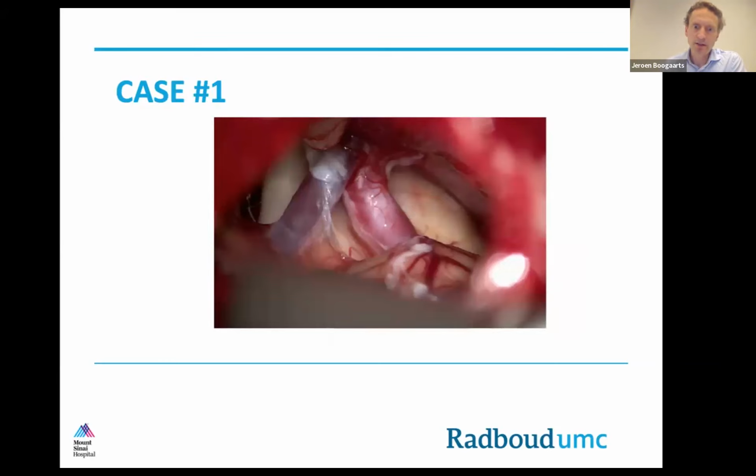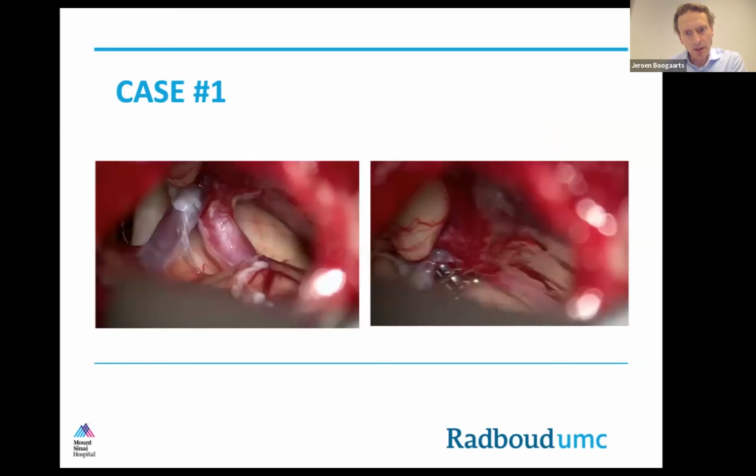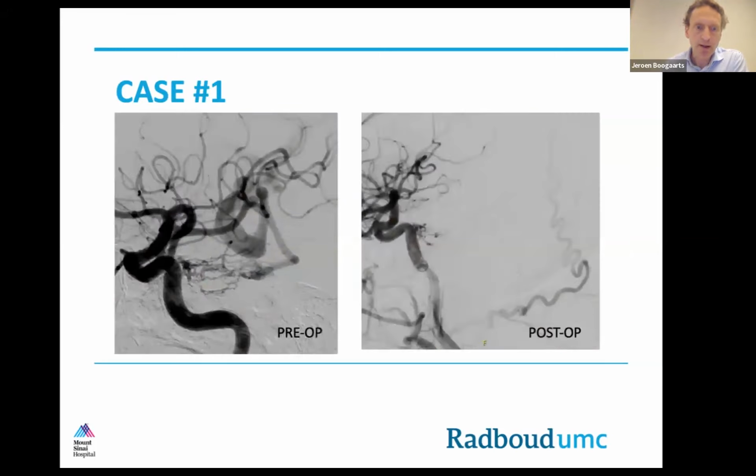You see the Dandy's vein, you see the tentorium in the right upper corner, and in the center you see the extended vein. It was easy to clip this off, and you also see the fine network more on the dura, on the petrosum, which could be coagulated. I did not only do an infratentorial approach, but also a supratentorial one, so I went subtemporal and also coagulated the dura and the fine network, and had this postoperative result.